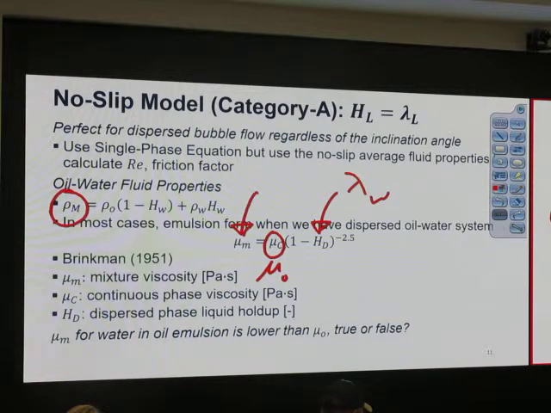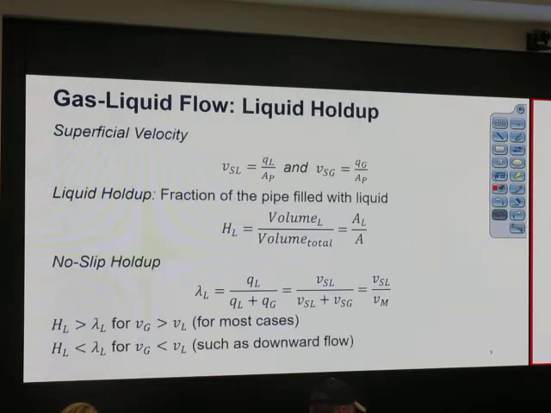Yes, ma'am? The slide says that lambda is equal to Q liquid over Q liquid plus Q gas. That is for the case of gas-liquid flow. For liquid flow, we change that to water and oil, and this will be lambda water.